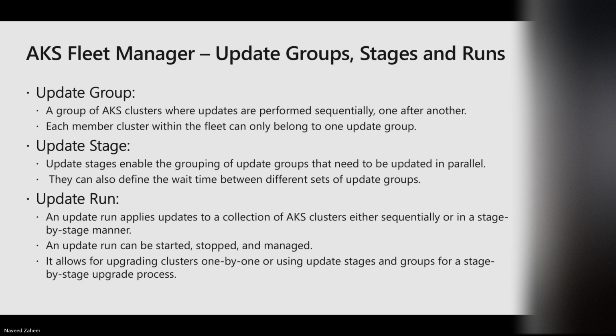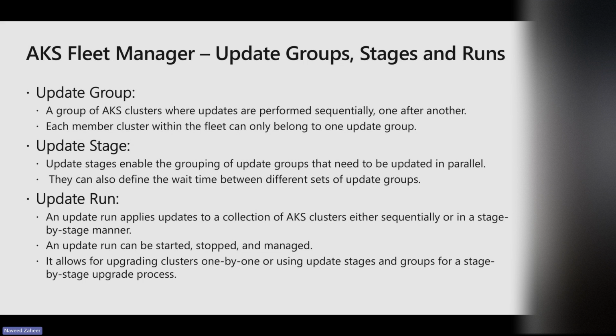And then you create an update group. What is an update group? An update group is a group where updates are applied in parallel. Let me give a very simple example.